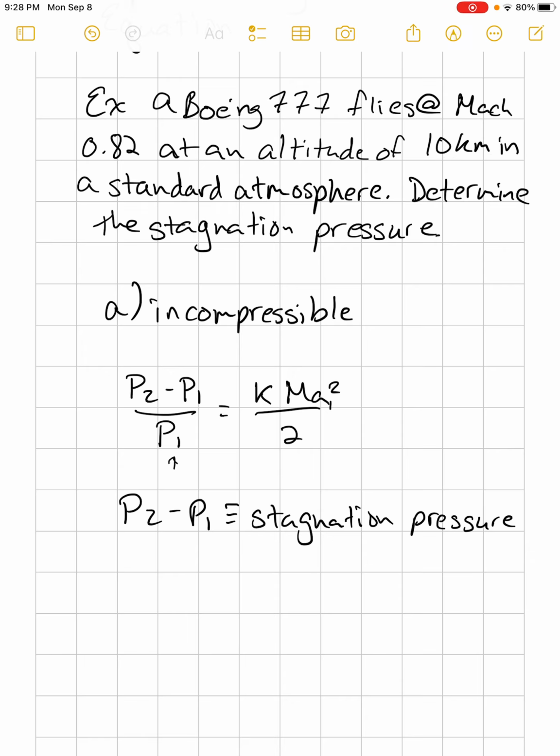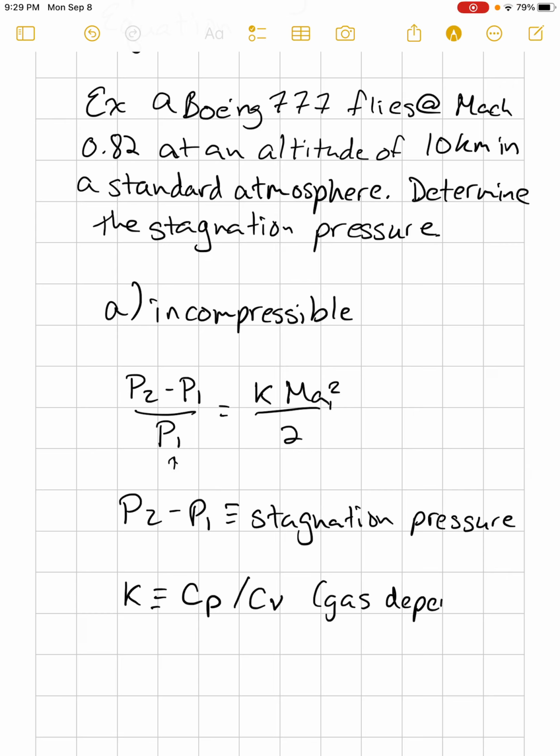If you want to look at it with the P1 underneath, you could argue that that's like a normalized stagnation pressure or something like that. Okay. K is the specific heat ratio. And you've probably seen this in chemistry or heat mass transfer or something like that. And it's the specific heat at constant pressure versus at constant volume, okay?